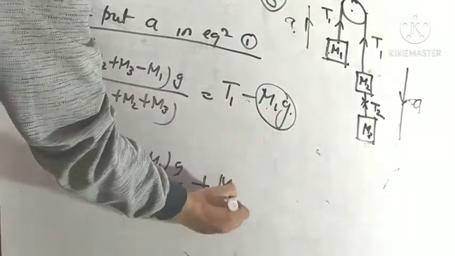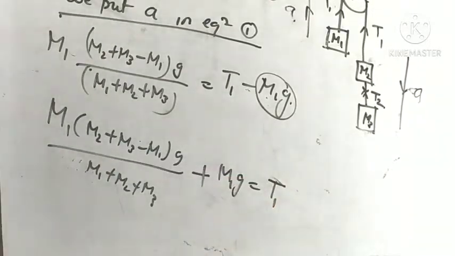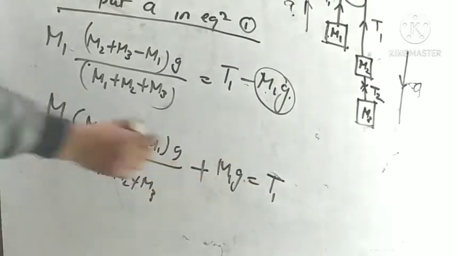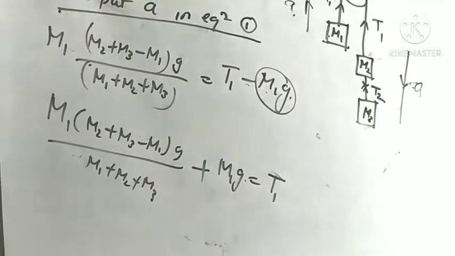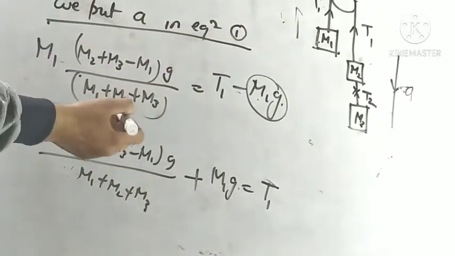M1G is equal to T1. Now we take G common, and M1G is also present here.